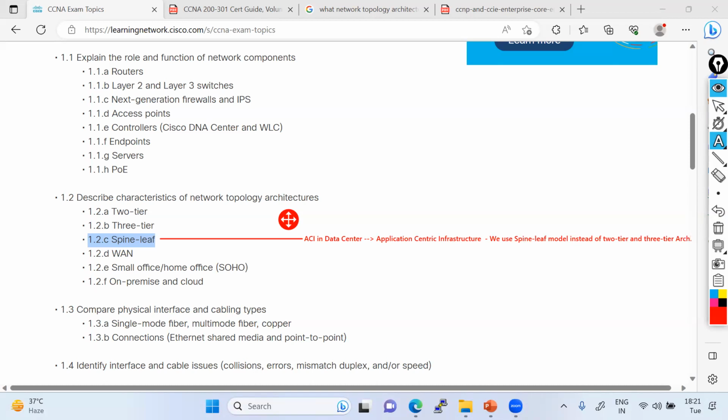So whatever we have in application centric infrastructure, that is the ACI in the data center, we use the leaf and spine model that is similar to the 2-tier and 3-tier architecture, but the name is leaf and spine. So how are they going to look?